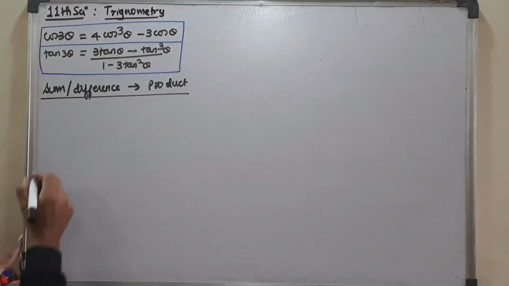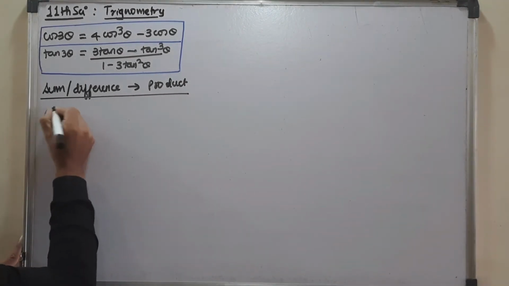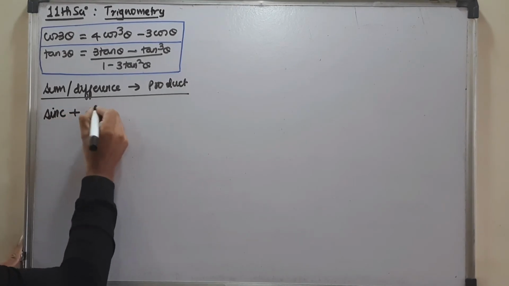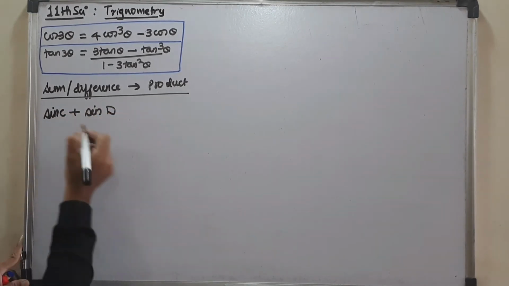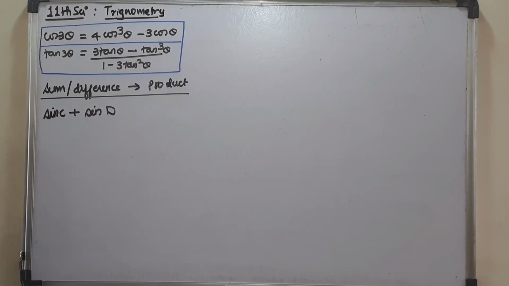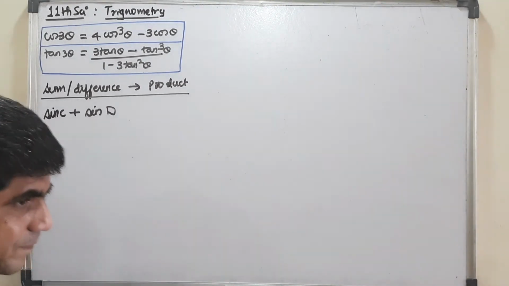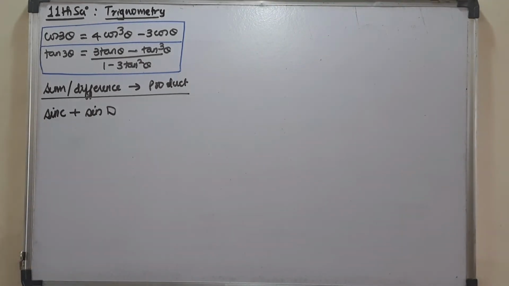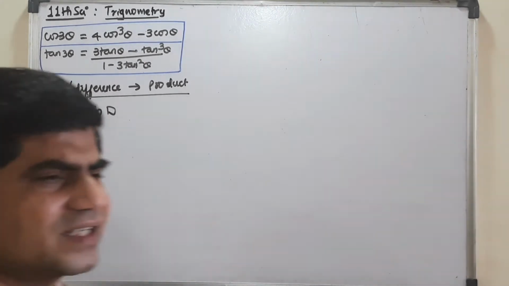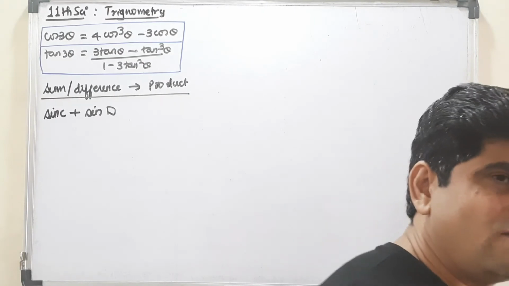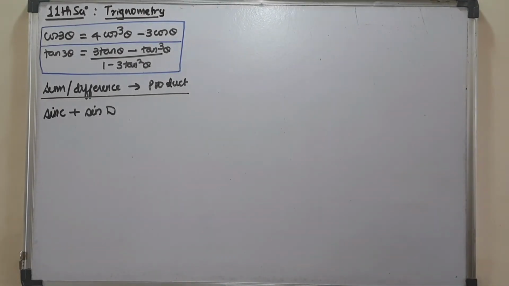The first one I am taking is sin C plus sin D, both capital. What it will be is not known yet. If you want to solve sin C plus sin D directly, factorization is required but cannot be done directly, so we need to factorize it.